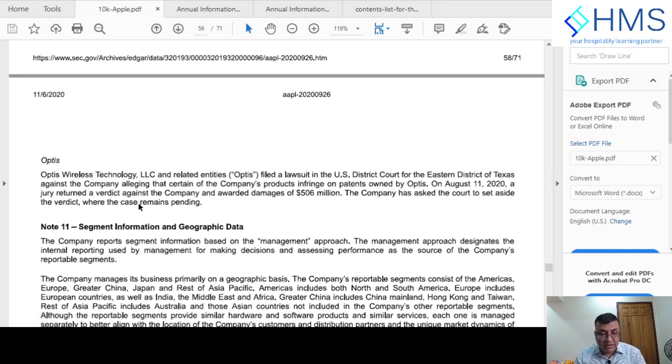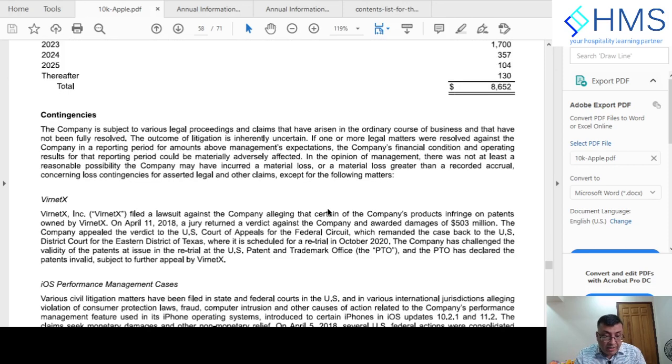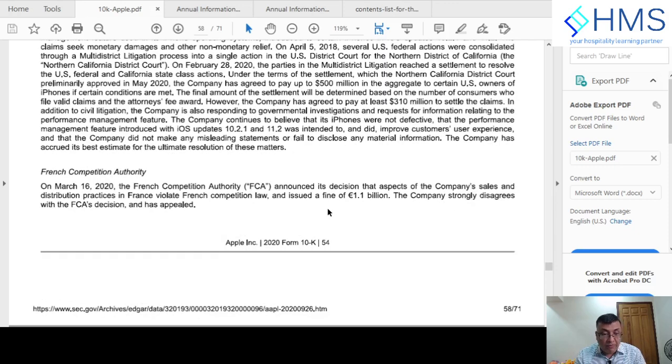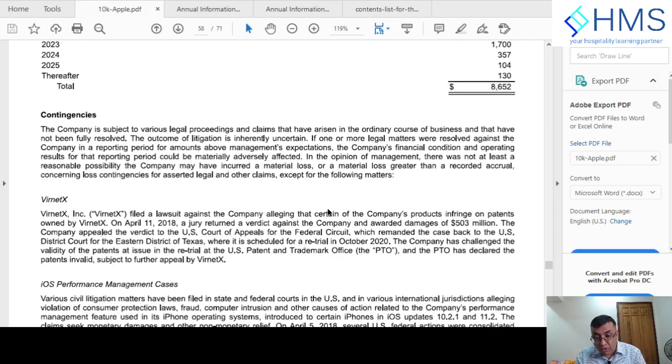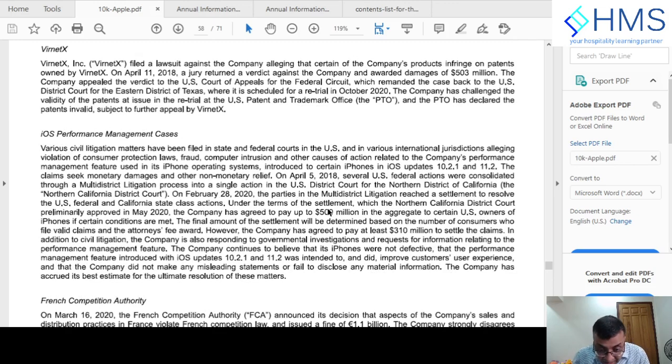So here is again a verdict of $500 million. So there is $500 million by Optes, by Vimet, and also by the French Competition Authority. So there is a total of $2 billion. The iOS case is another $500 million. The company has agreed to pay $500 million to the owners of smartphones if certain conditions are met. The final amount of settlement will be determined based on the number of consumers who file valid claims.